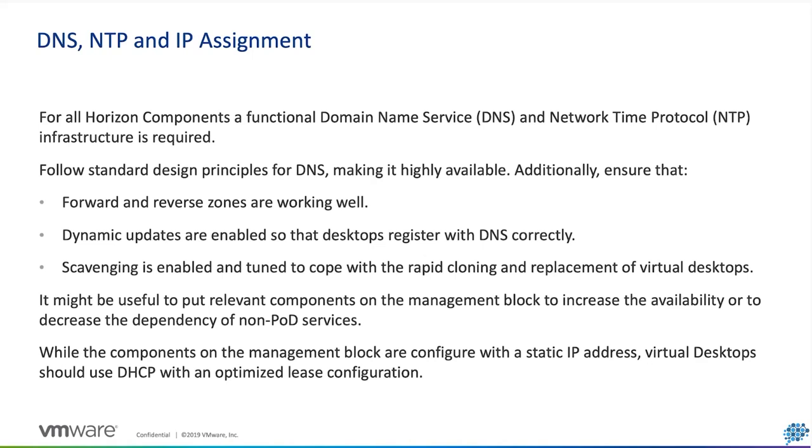We should make sure that dynamic updates are enabled so that newly deployed virtual desktops joining our environment have a proper DNS name right from the beginning, and that scavenging is enabled in case we use instant clones or linked clones in our environment.